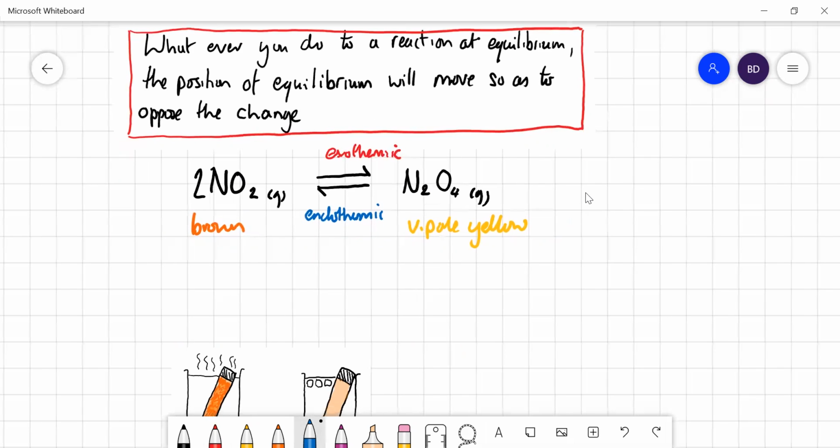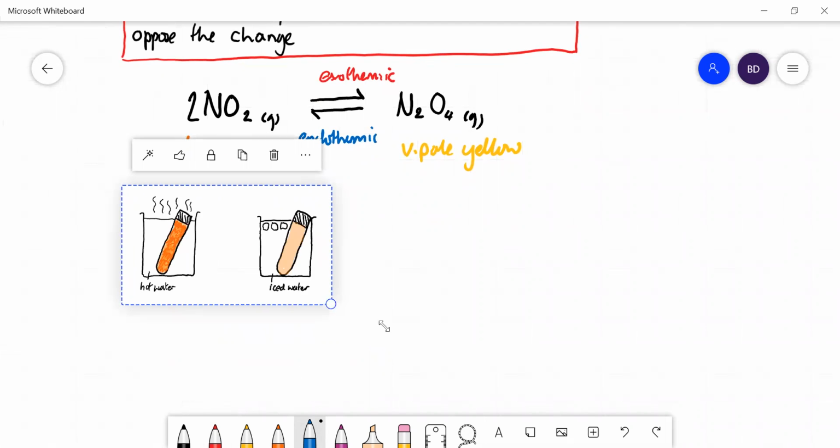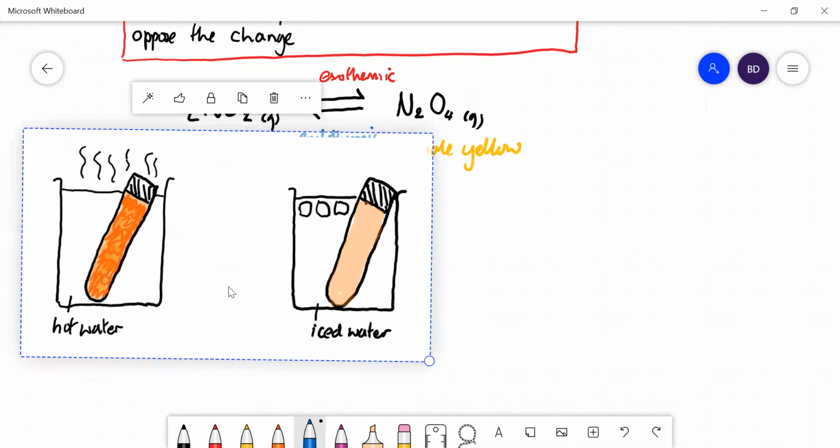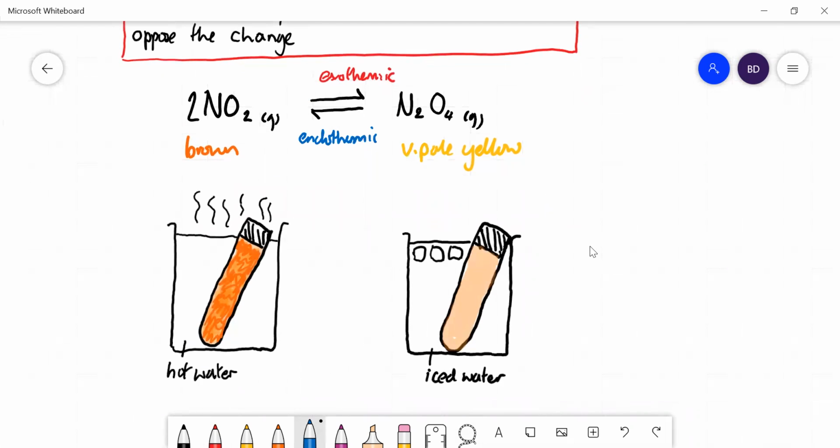Okay, so we'll bear that in mind to explain our observations here. What we've got here is a boiling tube with a cork in it, filled up with NO2, and it quickly reaches an equilibrium with N2O4. At first, the tubes are going to look the same color because they've both got the same amount of gas in them.